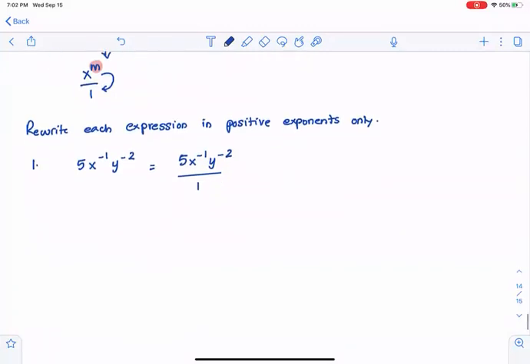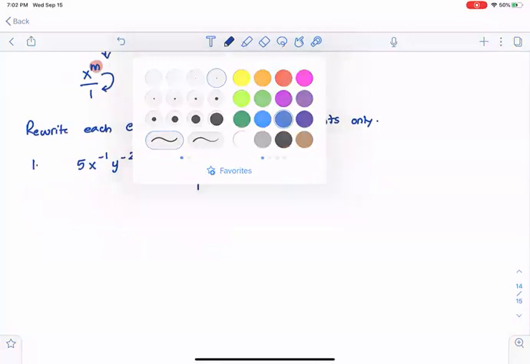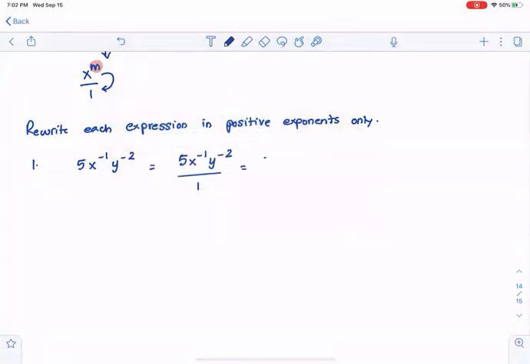So first, I'm going to move y raised to negative 2 from the numerator to the denominator. So it would become y raised to positive 2. Then I'm going to move x raised to negative 1 from the numerator to the denominator.